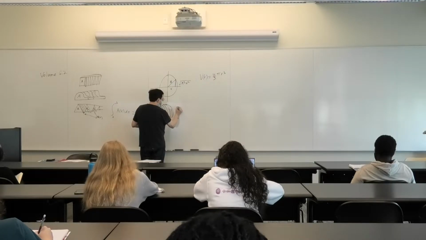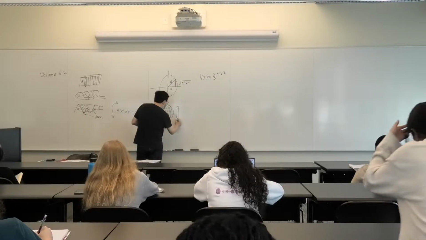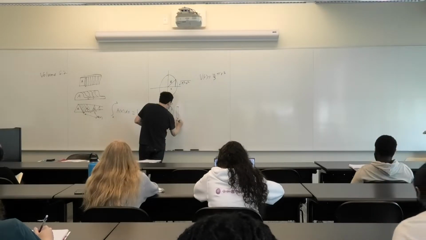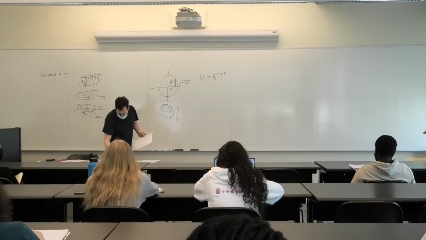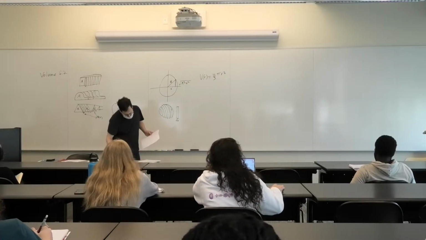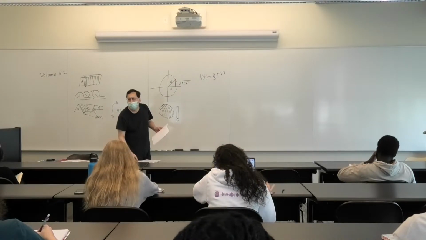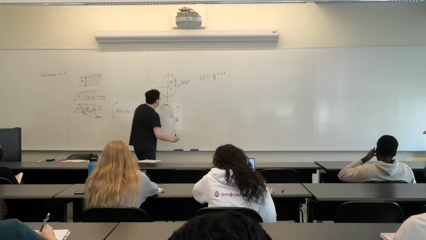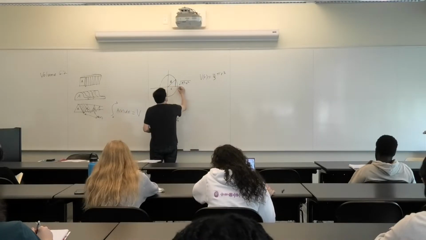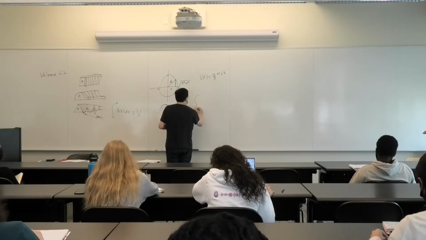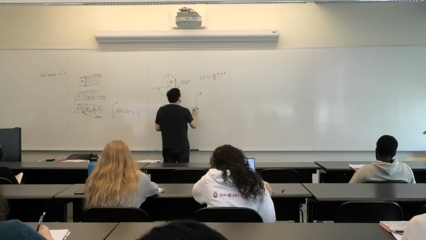They make a kind of curved edge, but make them small. You can think of this as dx, and you can make them infinitely small. So we want to integrate this area function from negative r to r.